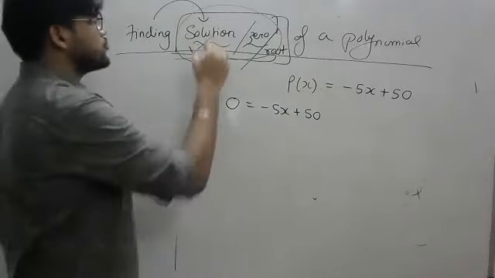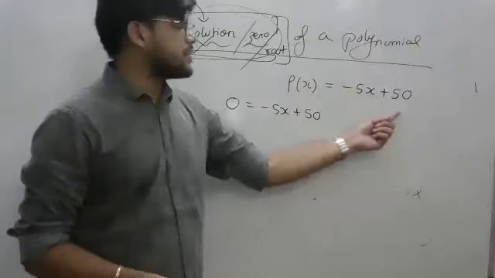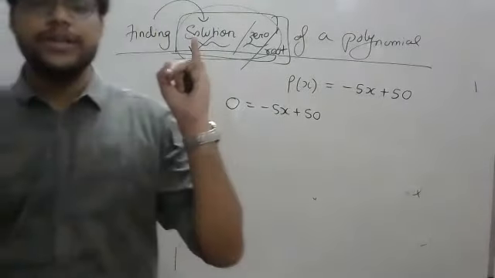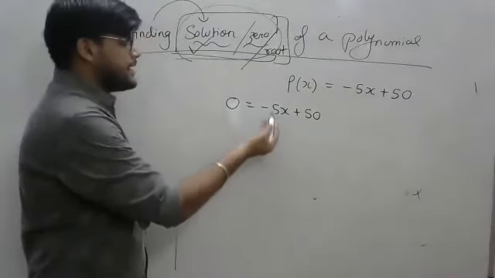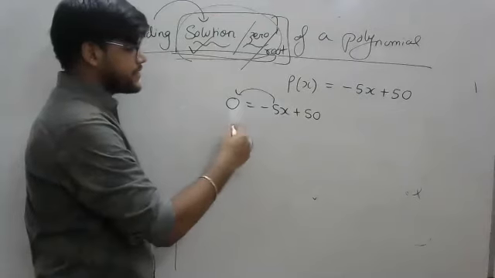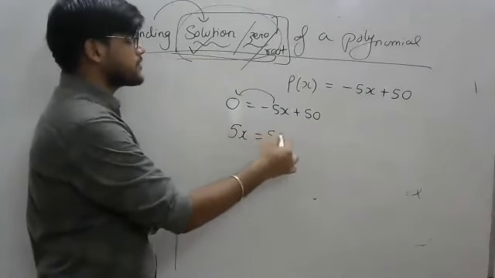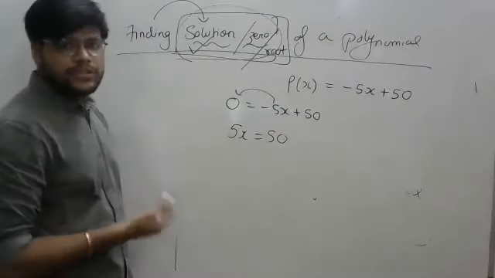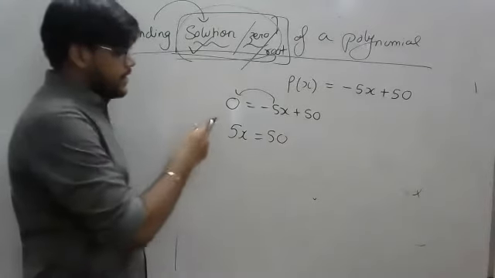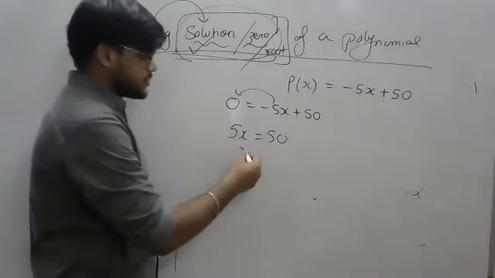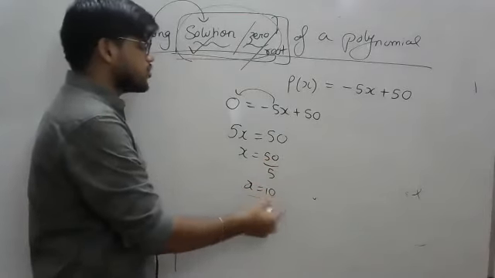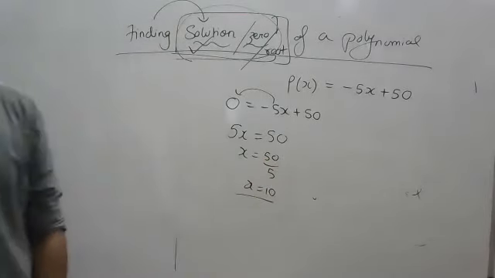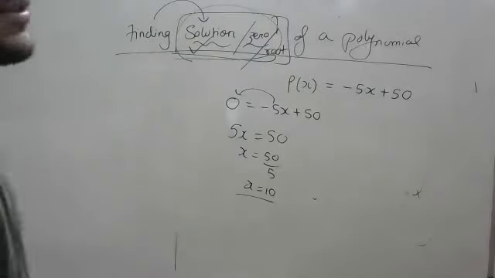When I say solution, you are keeping the value of this entire polynomial equal to 0. Now, I'll be sending minus 5x to the left hand side, so it will become positive 5x. And now if I send 5 in division, I'll be getting 10. So those who are getting minus 10, please try to understand what's happening here.